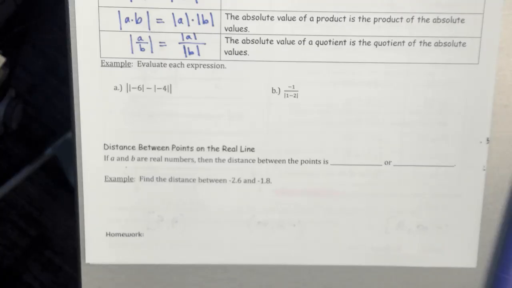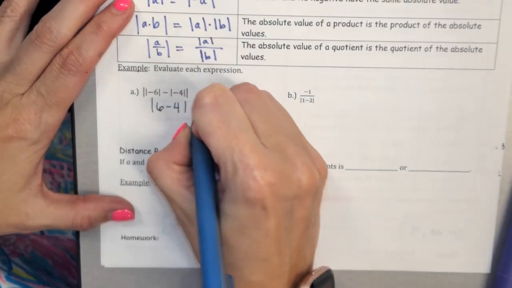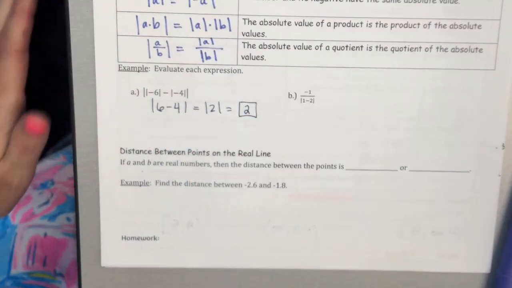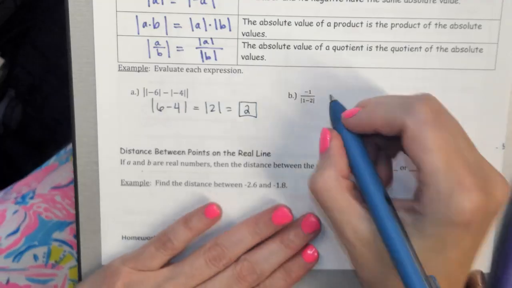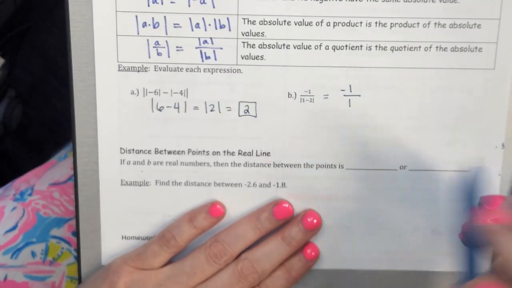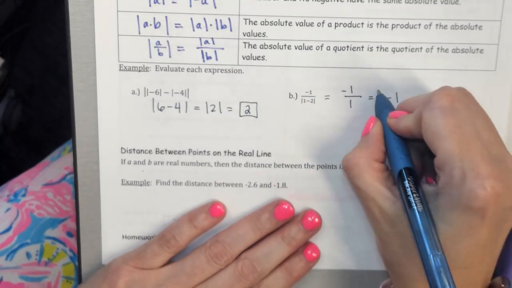One more time. All right, what do we get for A? 2 is correct. Okay, so when you do the absolute value, you get 6 minus 4 inside the absolute value, and the absolute value of 2 is 2. Okay, what do we get for B? -1. So this becomes -1 over 1. Okay, -1, absolute value is 1, and of course when you divide, you get negative.